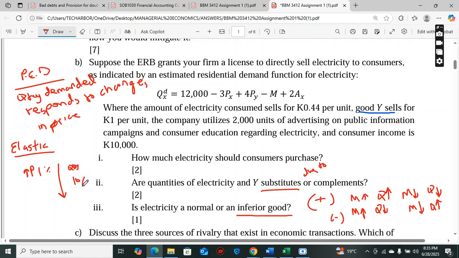There, quantity demanded is sensitive or very responsive to changes in price. Okay, even a small price increment will have a big effect on quantity demanded. That's what elastic means when you say demand is elastic. A small change in price will have a big impact on quantity demanded. Are we clear with that?